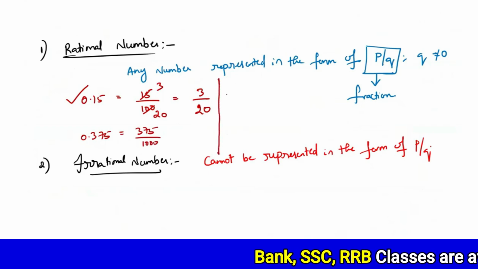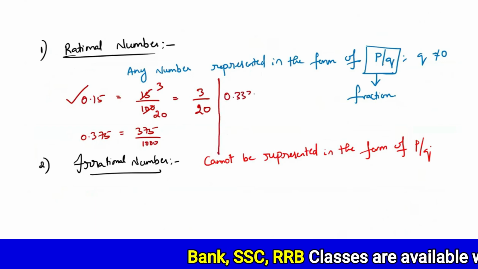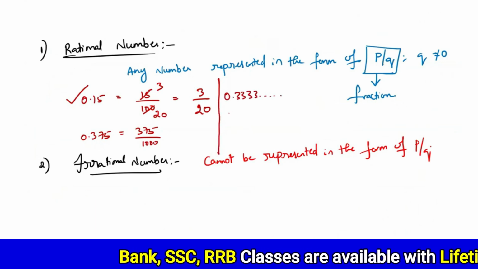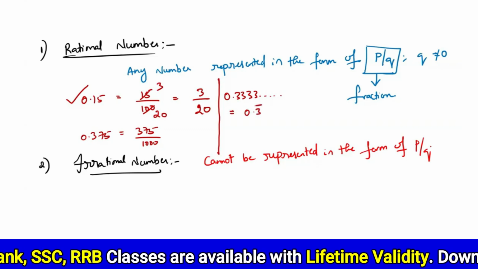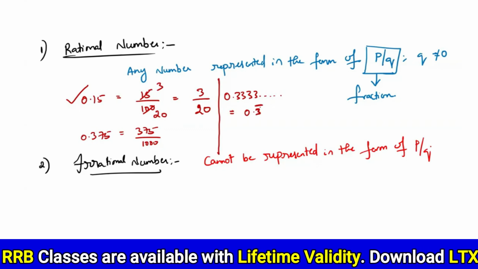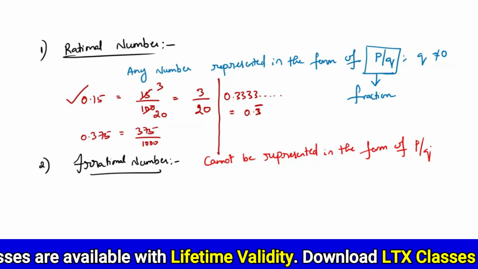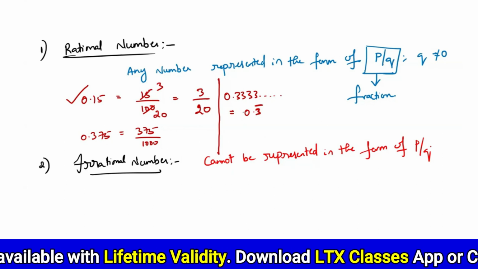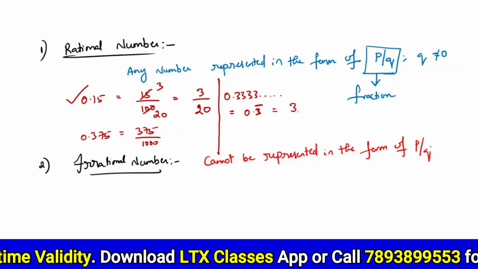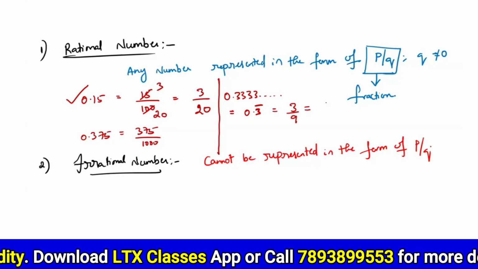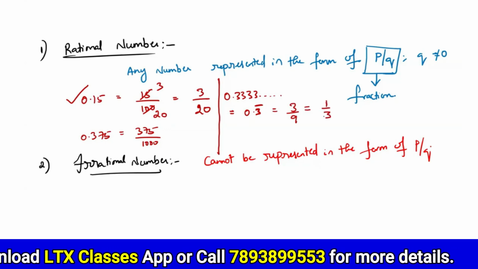Let us take one more example, 0.33333 and so on. Basically this can be represented as 0.3 bar. The reason I'm keeping the bar is that the number after the decimal point is getting repeated. So this can be represented as 3 by 9, which is again 1 by 3, a fraction.